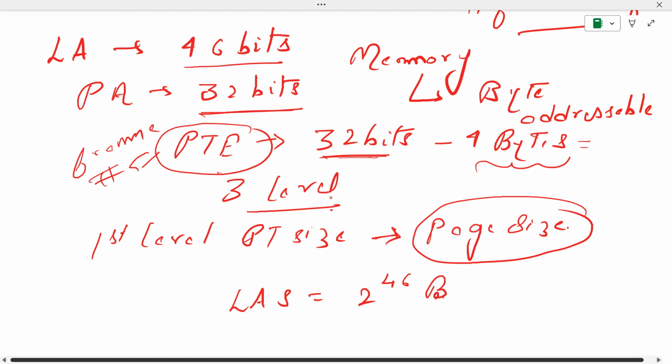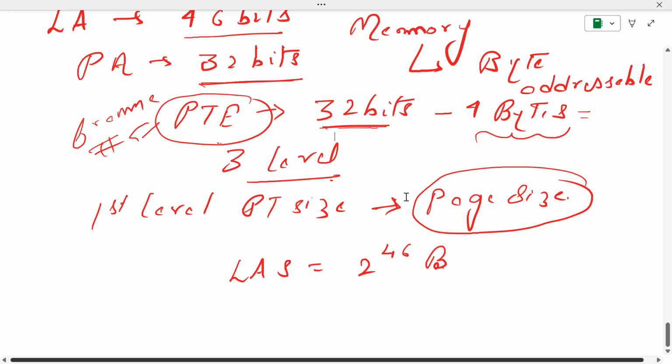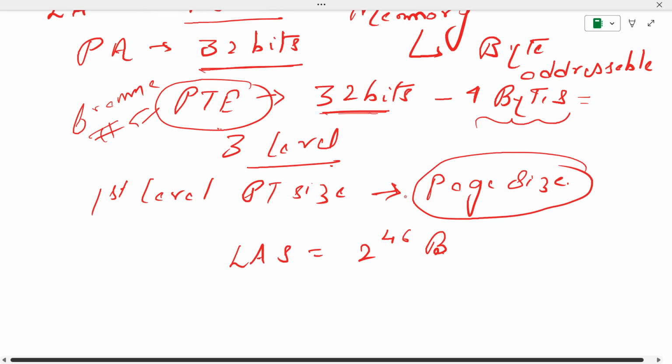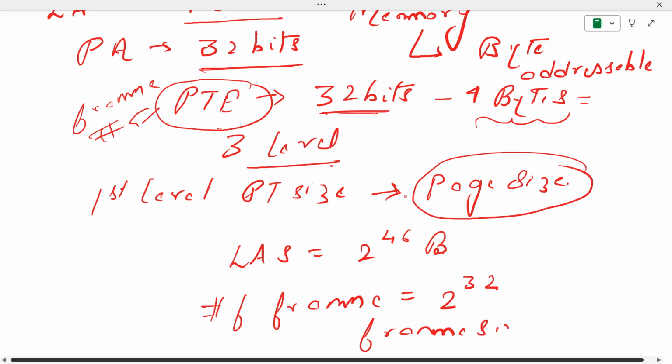So if the total number of bits required to represent a frame is equal to 32 bits, then the number of frames is equal to 2 raised to the power 32. Okay, so the number of frames is 2 raised to the power 32. So frame size, if we calculate, is equal to 2 raised to the power 32 byte upon 2 raised to the power 32.